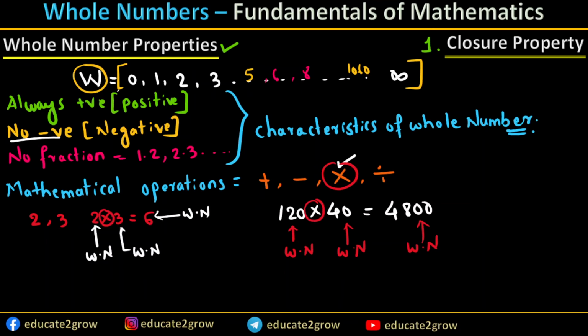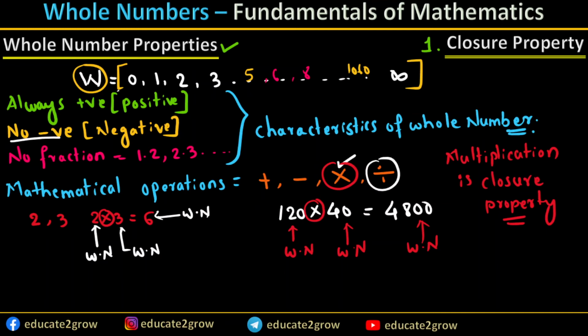So any two numbers, if you use whole numbers, the result is always a whole number, and that falls under this whole number set. Hence what I would say, multiplication is closure property.